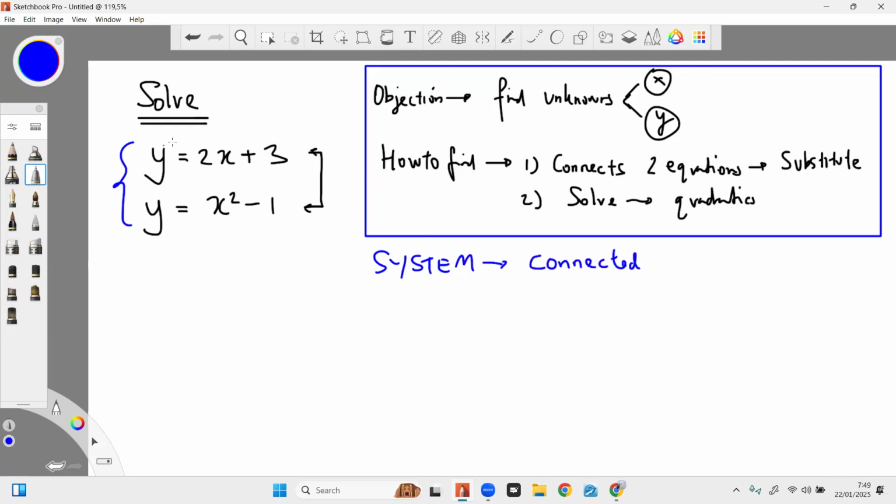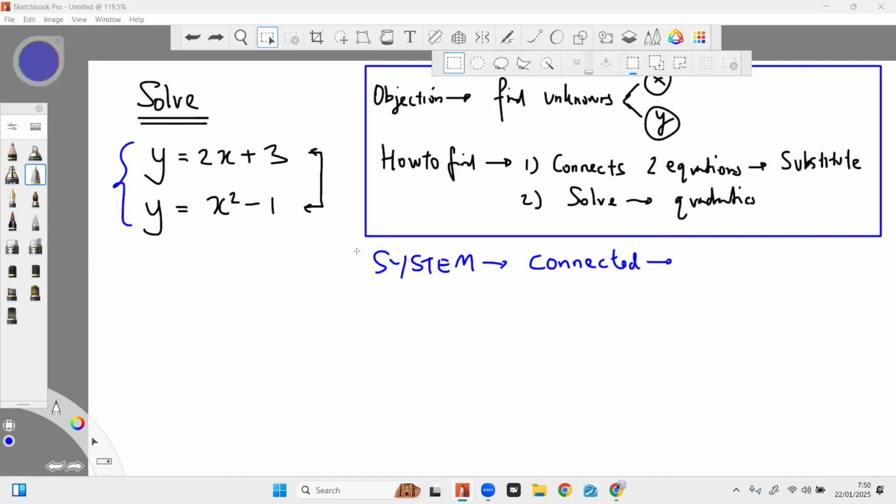So you try to connect this y and the other y, or this x with this x. Find the easiest way. We need to use some understanding that we already learned, which is either substitution, elimination, or solving with quadratic, because we are looking at this term, the x squared, which is quadratic.